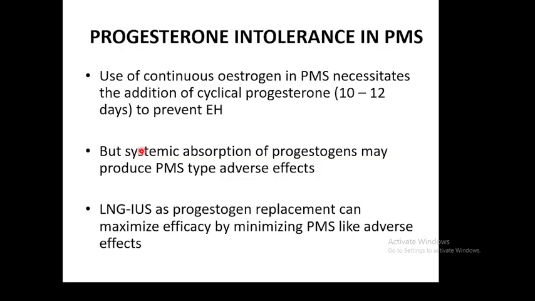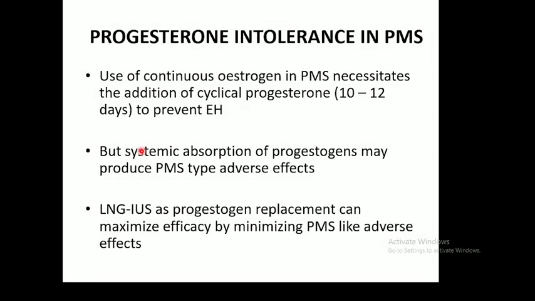What is the place of LNG-IUS in postmenopausal hormone therapy? The thing is, we are targeting to supplement the female with estrogen, but we need to add progestogens or any progesterone to prevent the risk of endometrial hyperplasia.